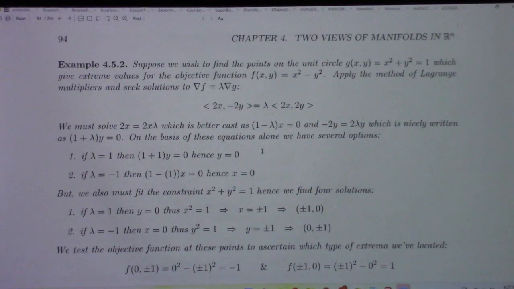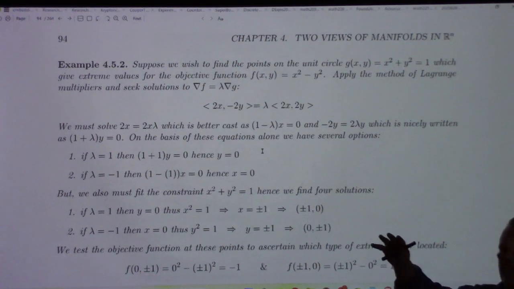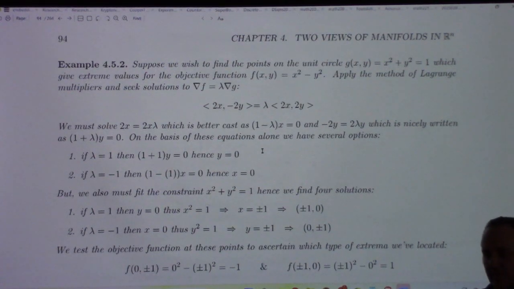The hyperbola is not what we call compact. A compact subset of Rn is a set which is both closed and bounded. So it's closed in the sense that it doesn't have any fuzzy edges, and it's bounded in the sense that you can put it inside a sufficiently large open ball. That's the case with the unit circle. It's got no fuzzy edge.